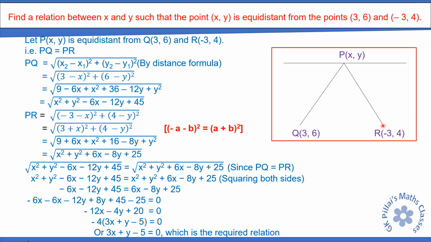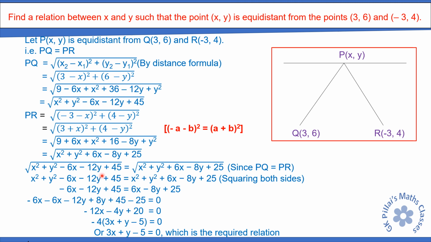Now the next one, (minus 3 minus x) whole squared plus (4 minus y) whole squared. Just like the previous sum, instead of minus 3 minus x, we can write (3 plus x) whole squared, and this will be as it is. Expand this and simplify, you will get x squared plus y squared plus 6x minus 8y plus 25.